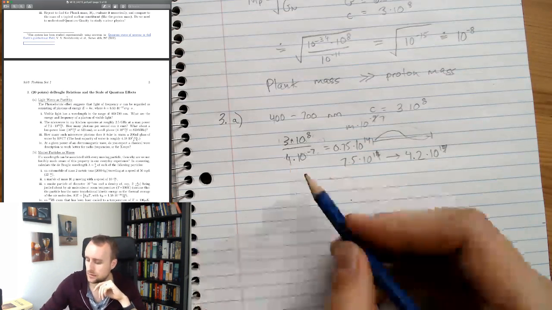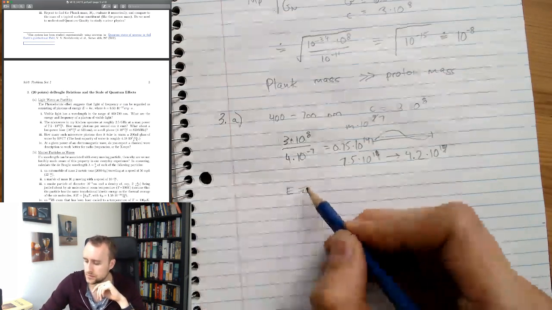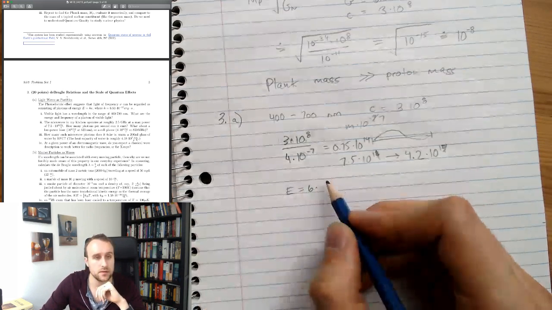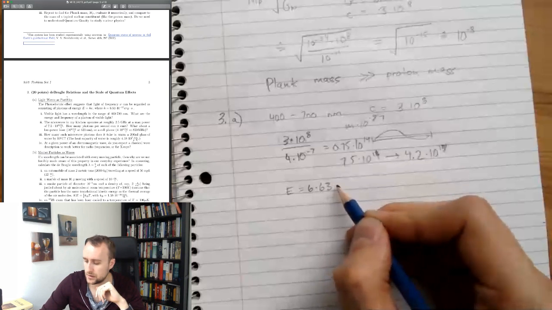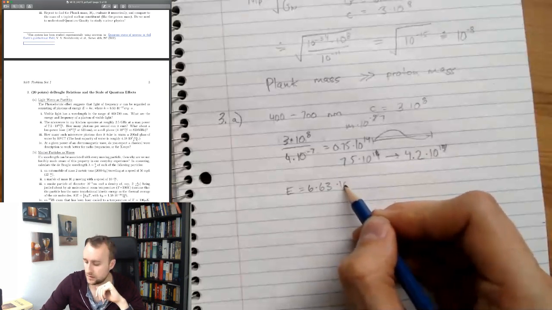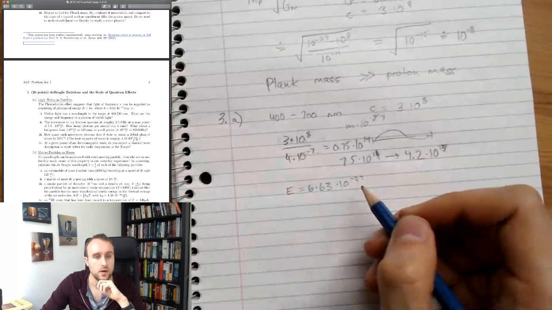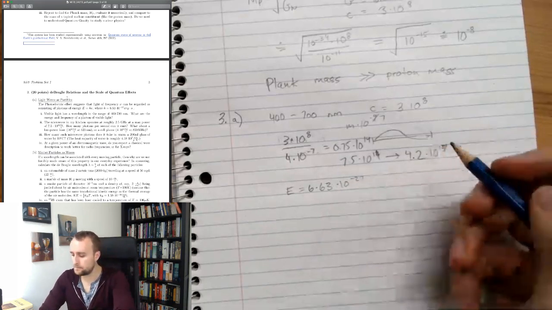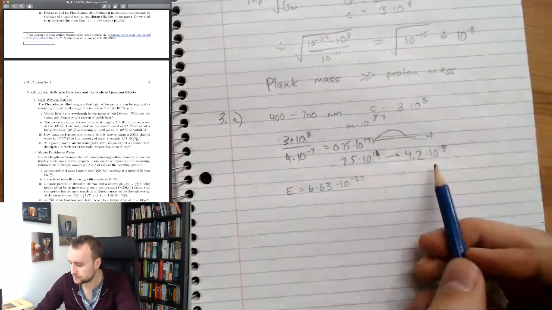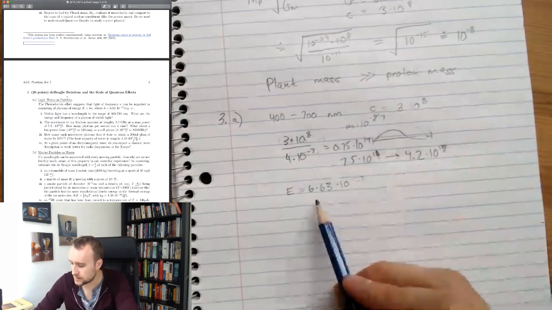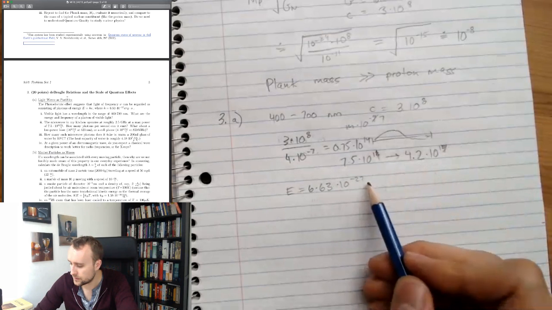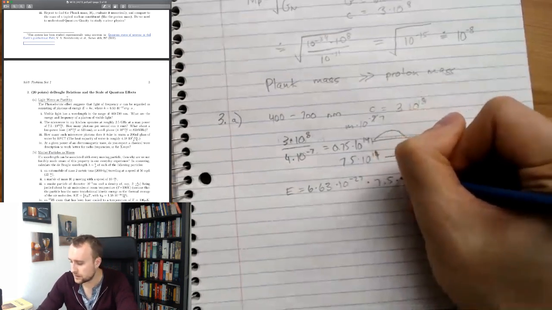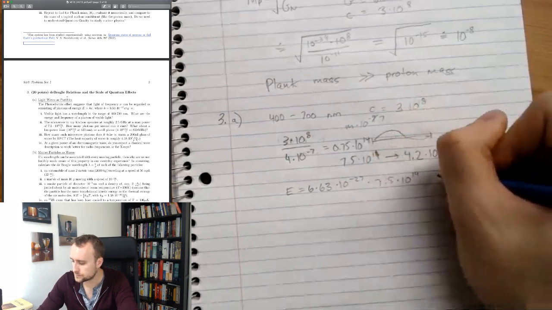So E is equal to 6.63 times 10 to the negative 27 erg-seconds times the frequency, let's do this one here, 7.5 times 10 to the 14.